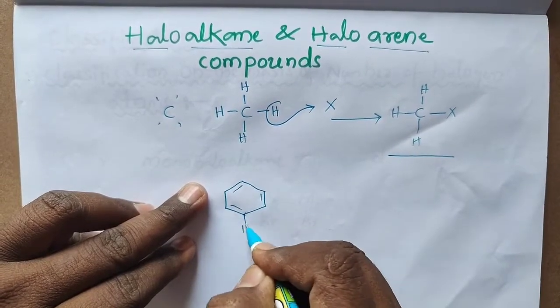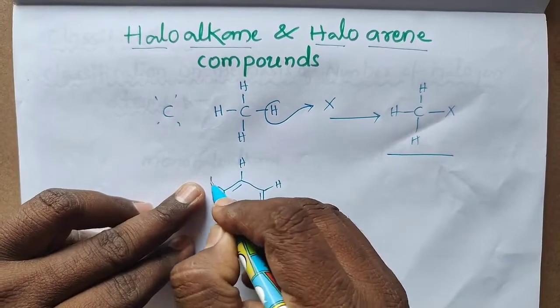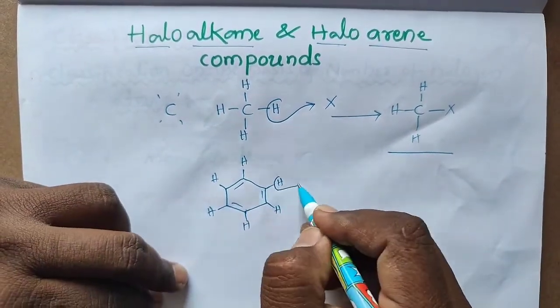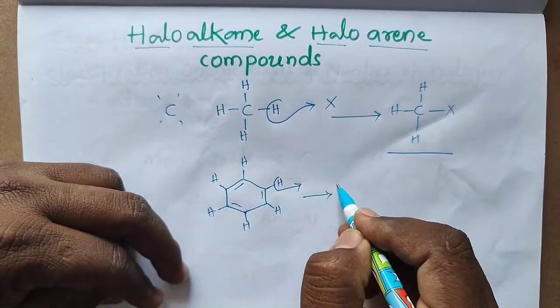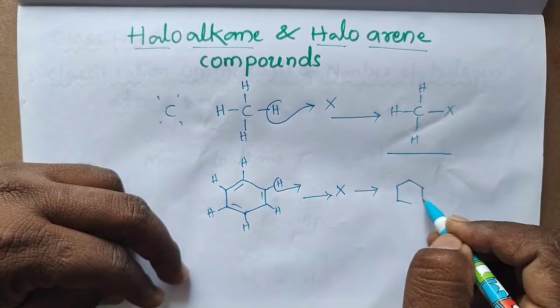Similarly, take benzene, C6H6: 6 carbons and 6 hydrogens. In that, when a hydrogen position is replaced with a halogen, we call it a haloarene.